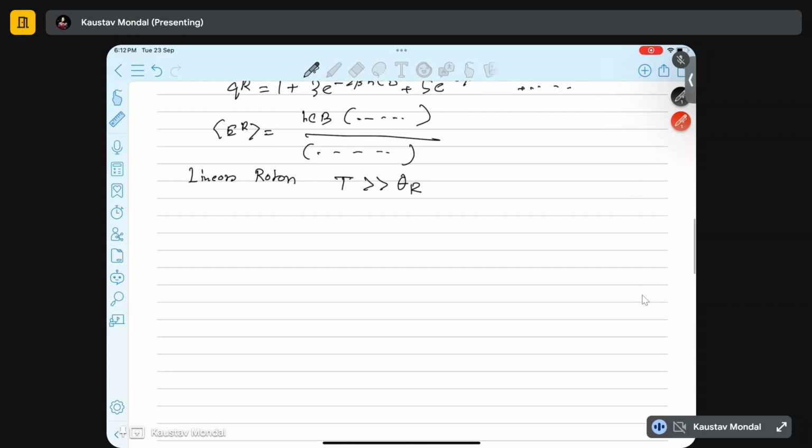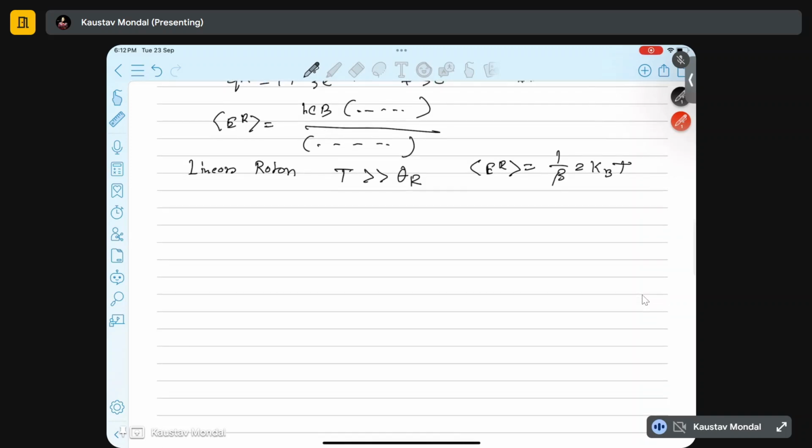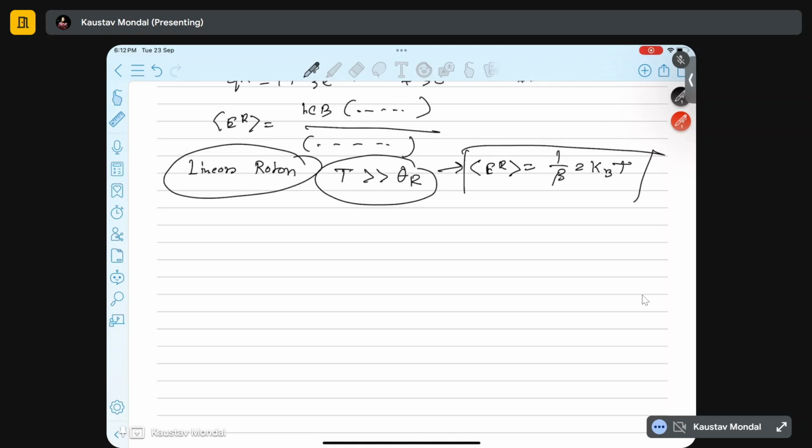So for that case, we can simply write the E rotational as 1 by beta, or kBT, the expression coming from E_R. For the case of high temperature, the linear rotor gives you this expression.